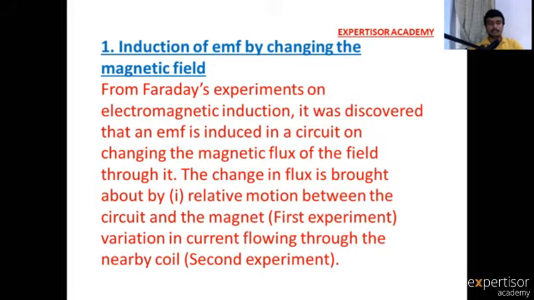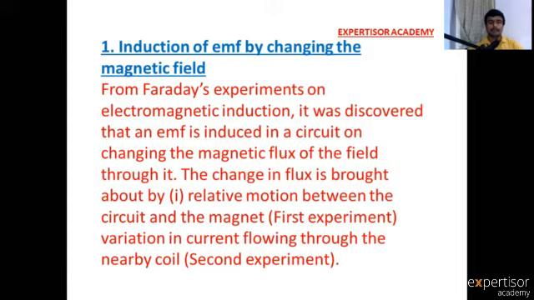The change in flux is brought about by relative motion between the circuit and the magnet. In Faraday's two experiments, there is the relative motion of the magnet, and also the increasing or decreasing of the current in the coil.